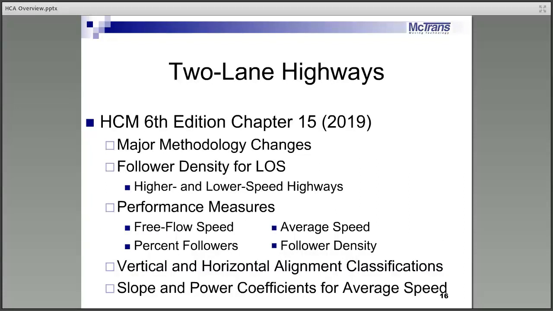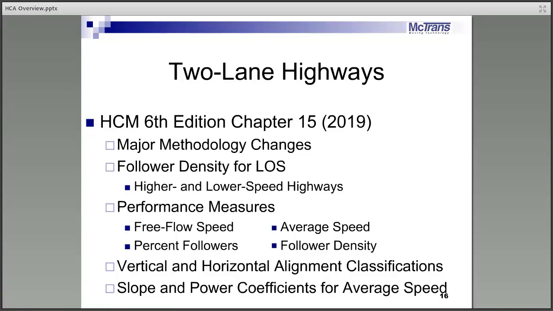The Highway Capacity Committee on Multilane Highways just last month approved a new procedure that has already been implemented in the Highway Capacity Software to change the two-lane highway analysis from depending on percent time spent following and average travel speed for level of service to using follower density, which is consistent with other uninterrupted flow chapters where density defines level of service.